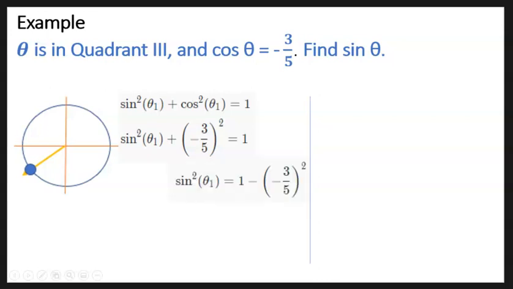Since we are solving for sine, to isolate the sine on this side of our equation, we're going to subtract negative 3/5 to the second power on both sides. So we'll have sine squared theta equals 1 minus negative 3/5 to the second power. Let us use our calculator to simplify the right side of our equation.